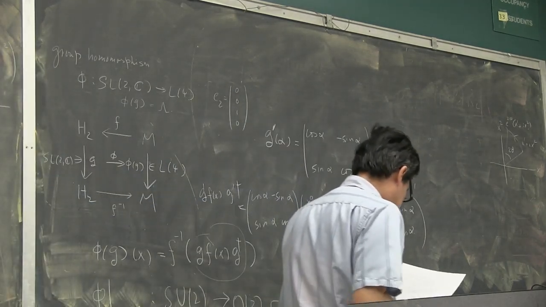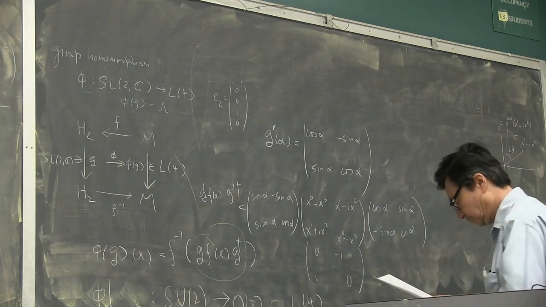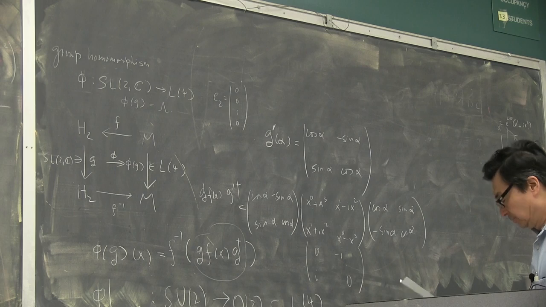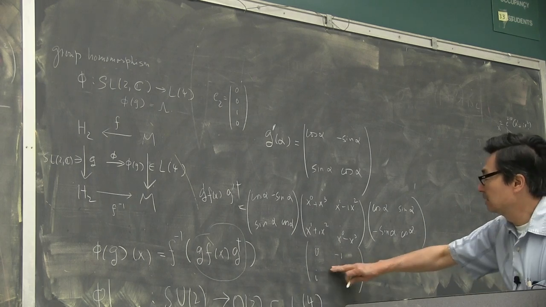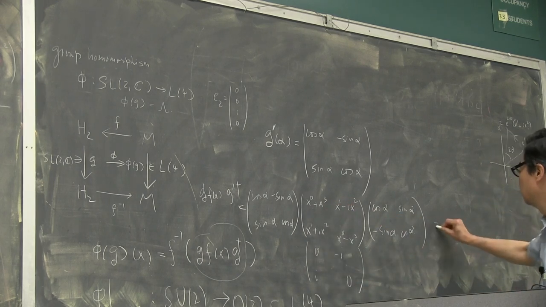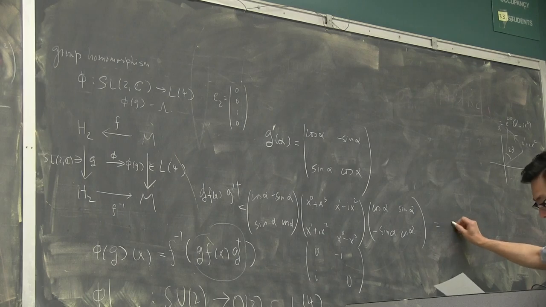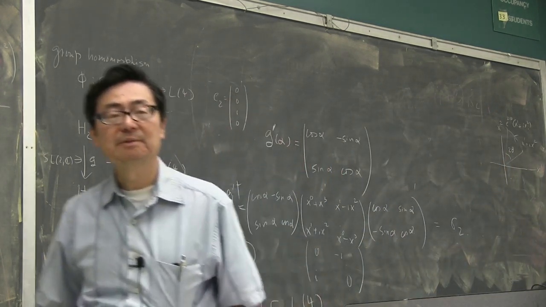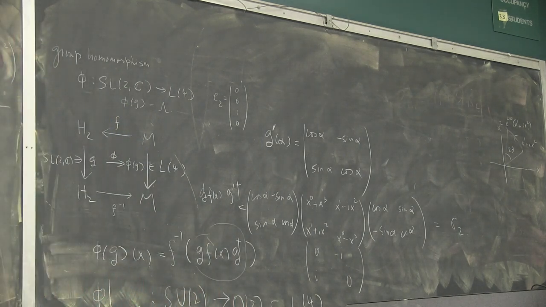But the thing is, if you actually do this, take this in the middle of here, you'll see that it is again sigma 2. Prove this for any angle alpha. It's again sigma 2.